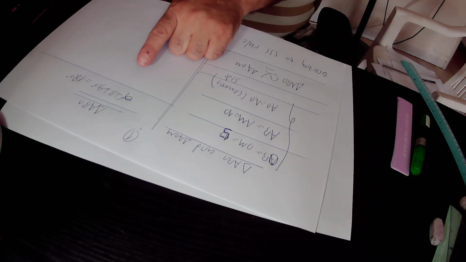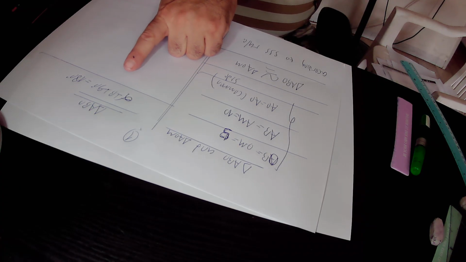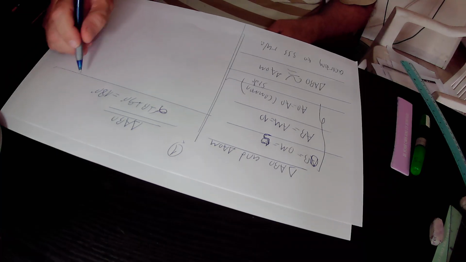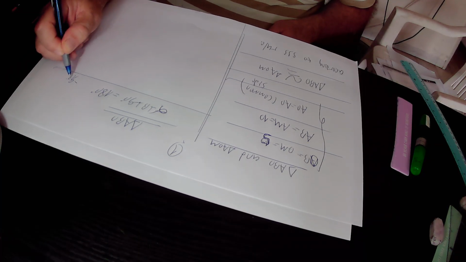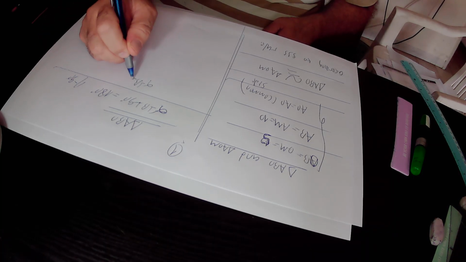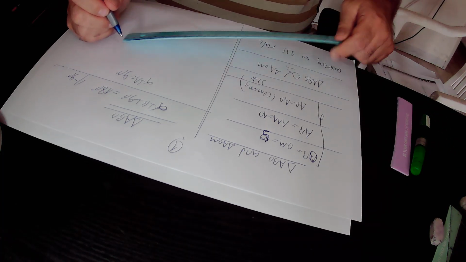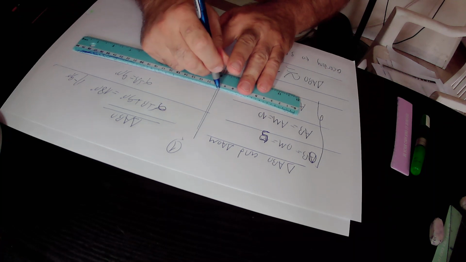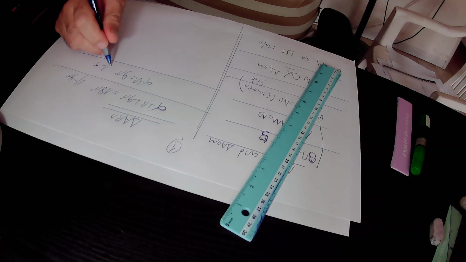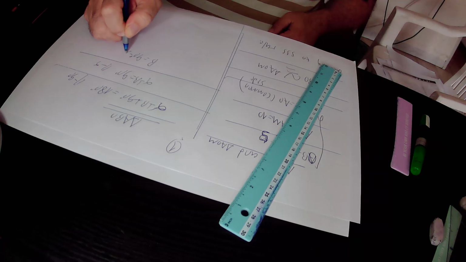Here we subtract 90 degrees from this equation, and you get that alpha plus beta equals 180 degrees minus 90 degrees, which is 90 degrees. So alpha plus beta equals 90 degrees. Here we subtract alpha from this equation, and you get that beta equals 90 degrees minus alpha.